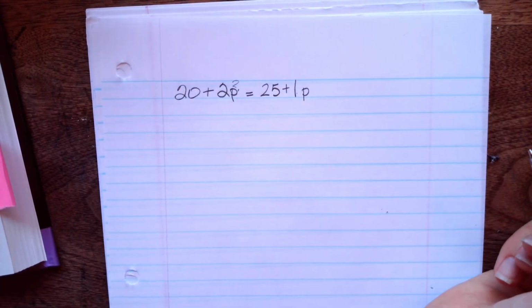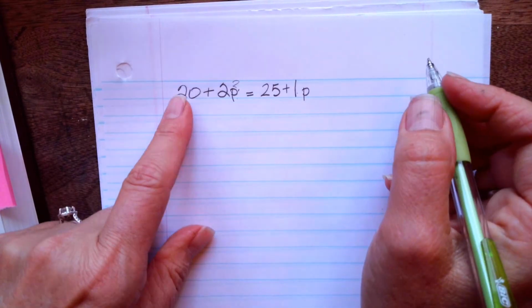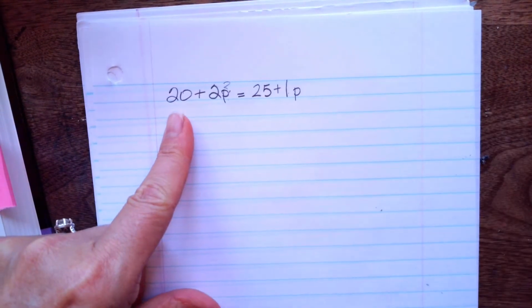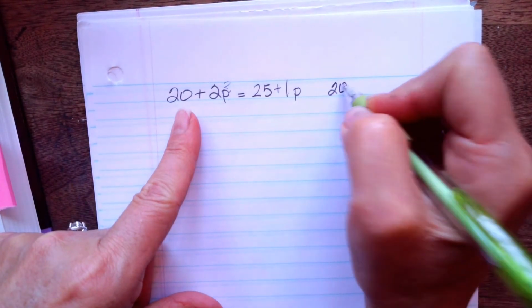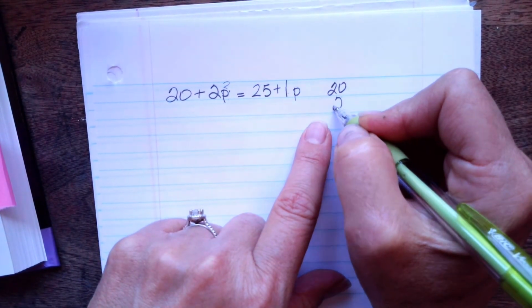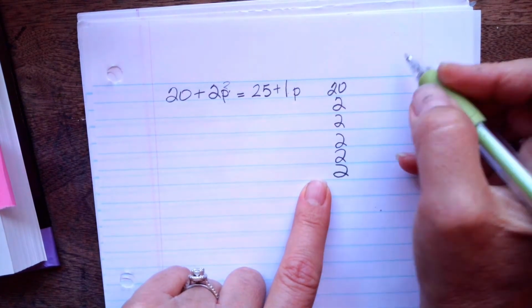So what they're asking is, when is it going to be that they actually have the same number of runs? To put it in real life, he's going to do 20, and we know the answer is 5.